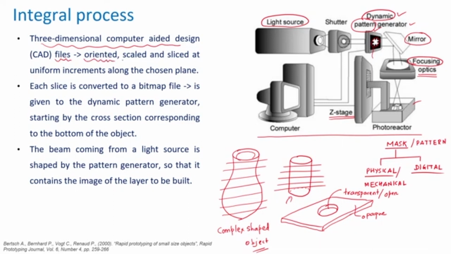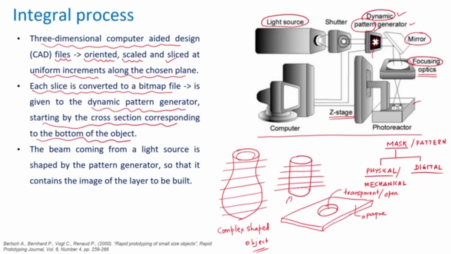We orient them, scale them, and generate the sliced layers at uniform increments along the chosen plane. Each slice is converted into a bitmap file. So, each slice generated after the slicing is converted into a bitmap file, and it is given to the dynamic pattern generator, starting with the cross section corresponding to the bottom of the object.